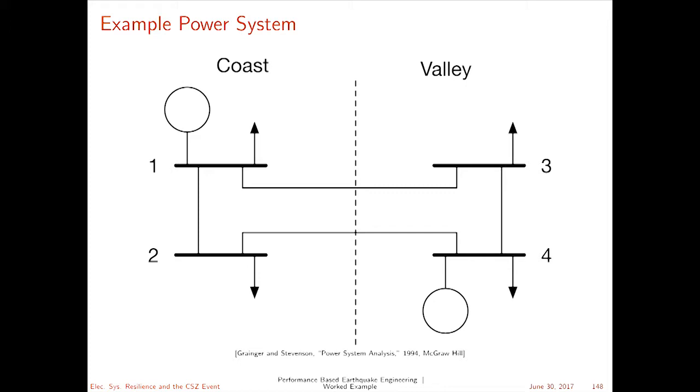That's a generator. What are these arrows? Loads. And what are these lines? They're lines. In the terms of power systems analysis, we'll call them branches. They're transmission or distribution lines, copper and aluminum that stretch across here and allow electrons to flow.